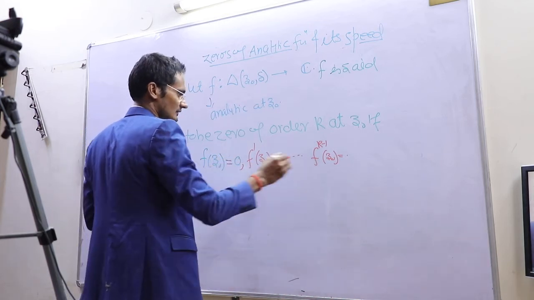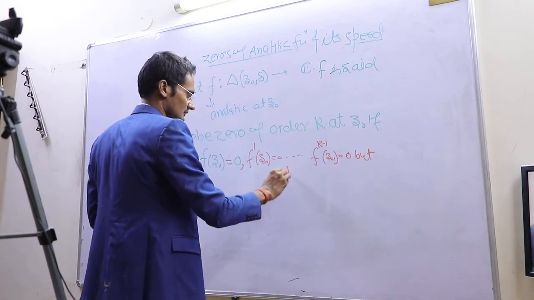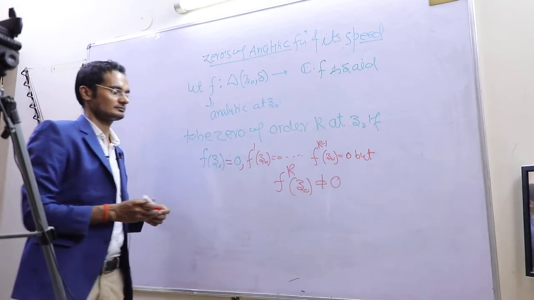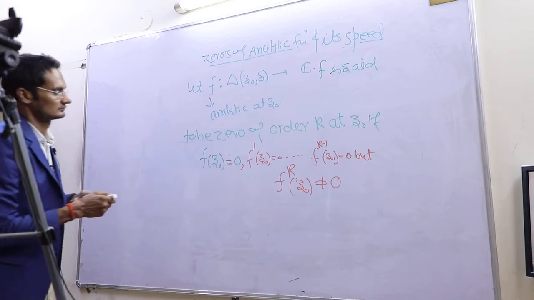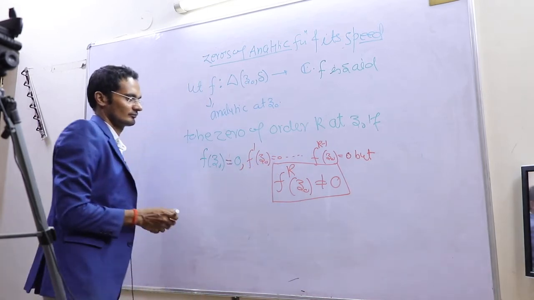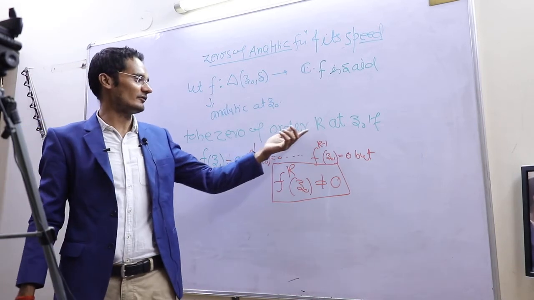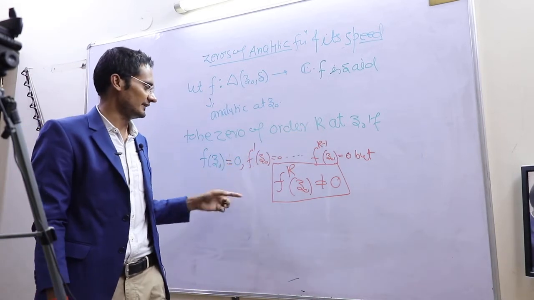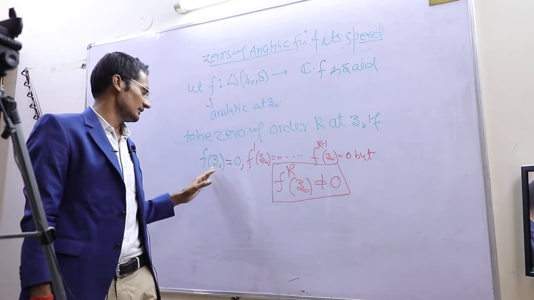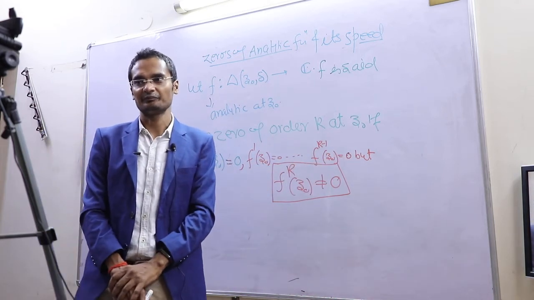An analytic function is said to have zeros of order k at z naught if its kth derivative is non-zero, but till the (k minus 1)th derivative at the point z naught should be 0.